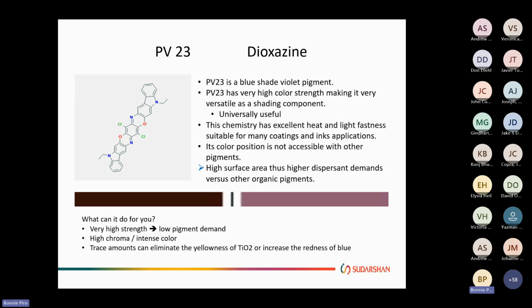One thing to note with respect to formulating with these types of pigments is that it offers a higher surface area. So it's going to require a higher than usual dispersion demand to be able to get the proper dispersion, and gain all of that strength that it can offer your formulation.